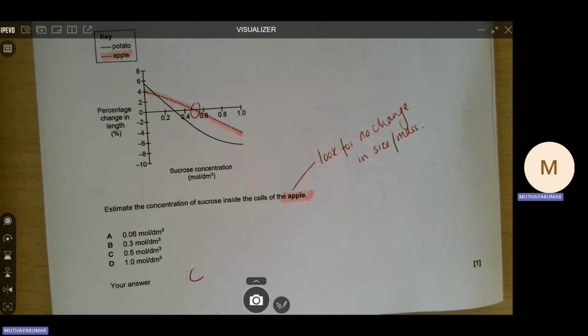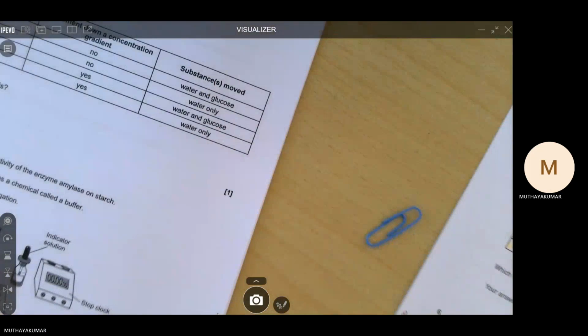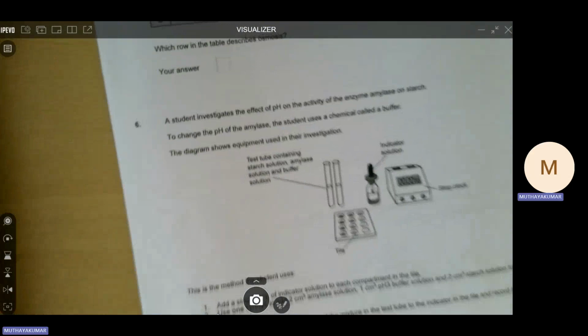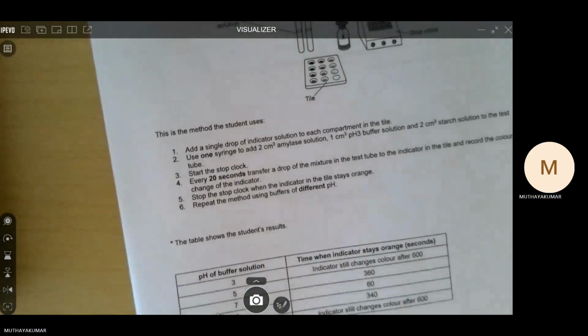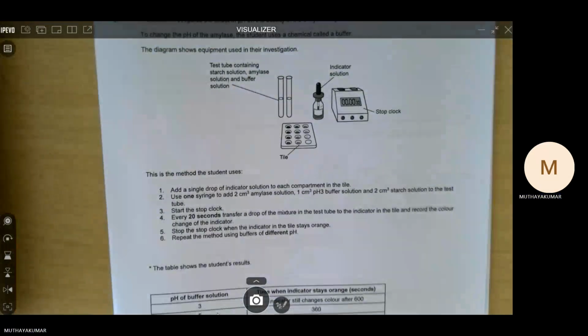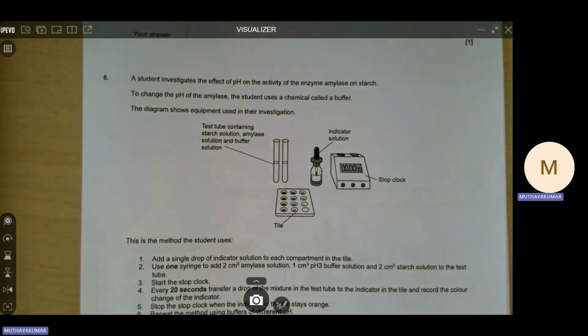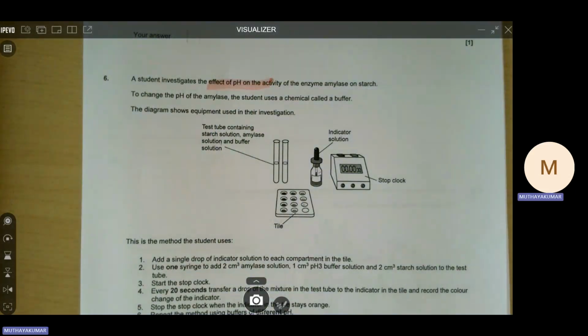Okay, I'm going to go straight to question 6 next. All right, so if we can turn over the page. Okay, so this is a 6 marker and it's on a practical involving enzymes. Okay, so a student investigates the effect of pH on the activity of the enzyme amylase.